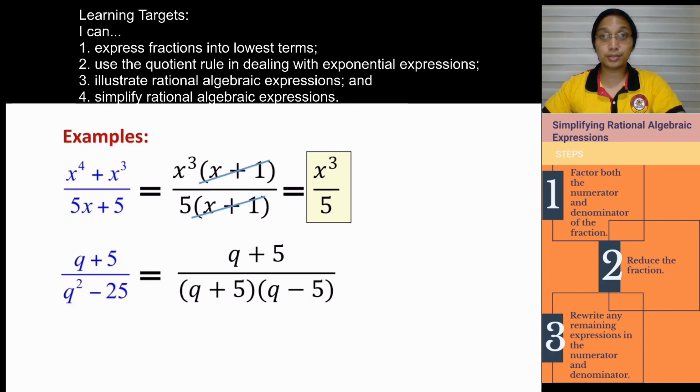Step 2, reduce the fraction. So q plus 5 can be reduced with q plus 5. This will turn out to be 1. And then step 3, rewrite any remaining expression. I'll be left with the numerator as 1 and the denominator as q minus 5.